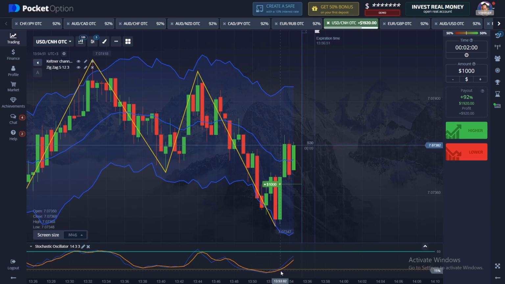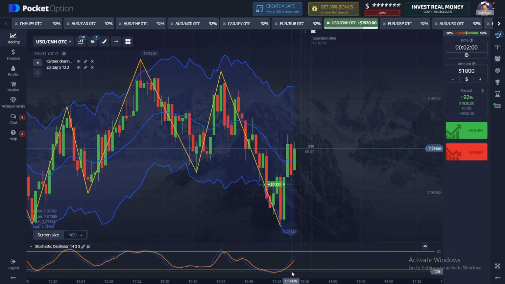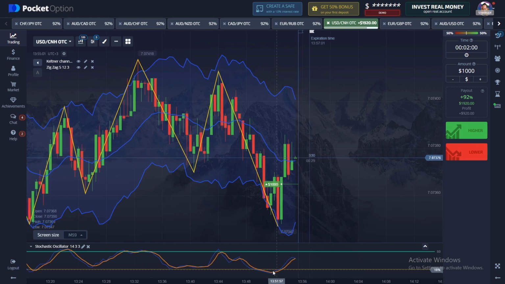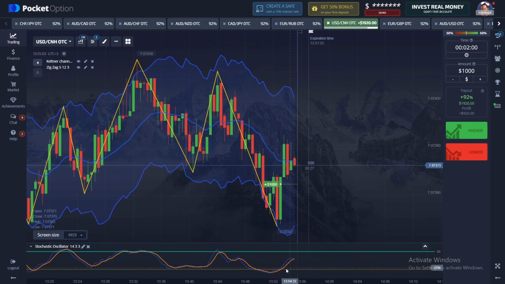The stochastic oscillator is in the oversold area, because if the stochastic oscillator is down below, it's preparing to go up. And make sure the stochastic lines intersect each other and head up. So this is the best time for you to take a buy trade.